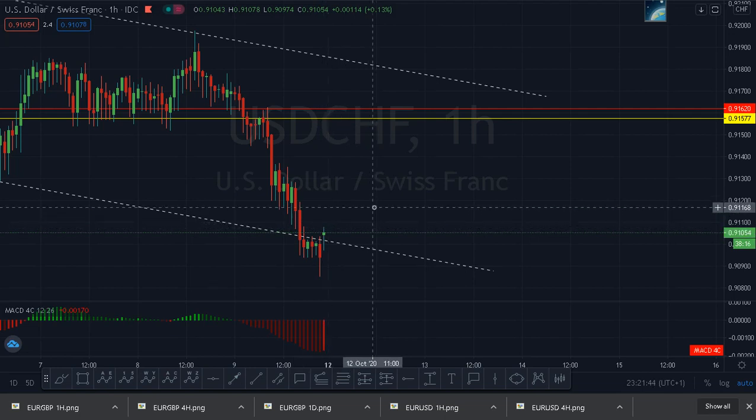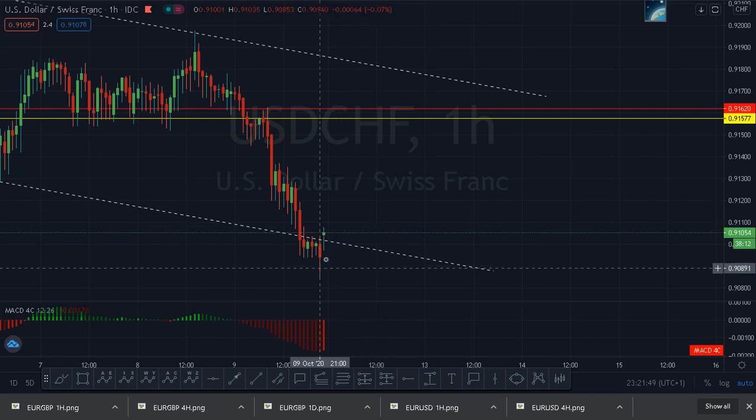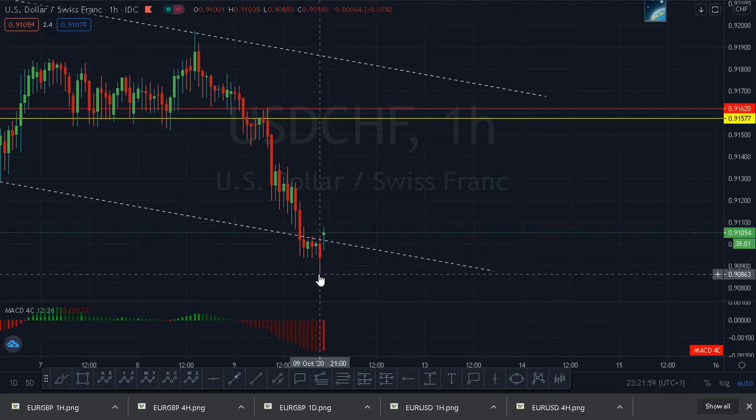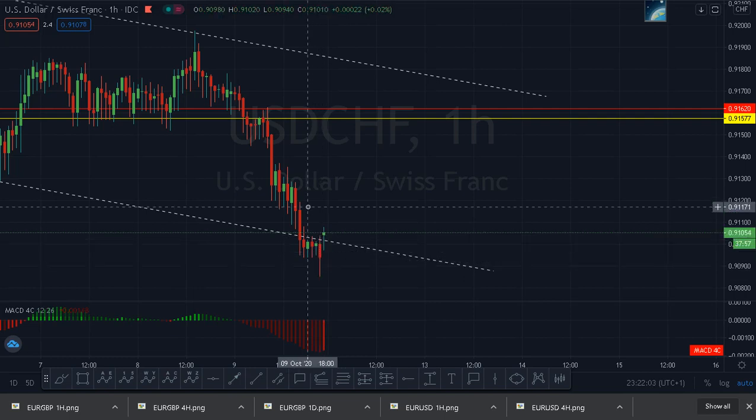If you want to buy USD, if this current candle closes like this and you have another pin bar, these two pin bars are a kind of trend reversal candle or buy setup.